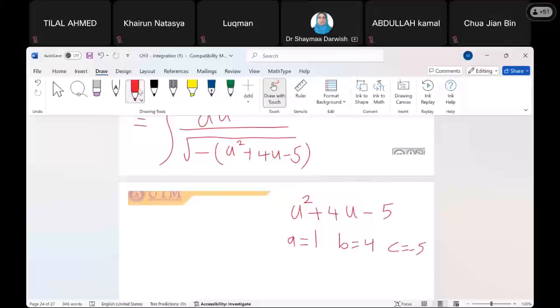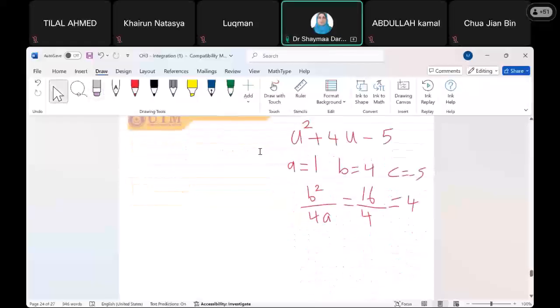So here I have to evaluate b square over 4a. b square is 16, 4 times 1 is 4, and 16 over 4 is 4. So it means that you need to add plus 4 minus 4.